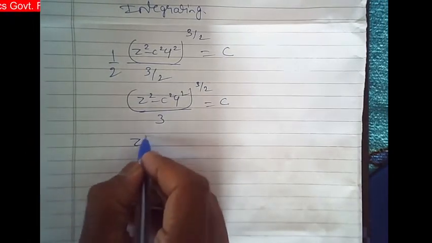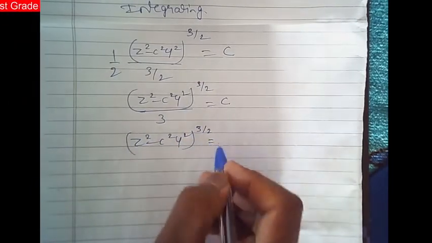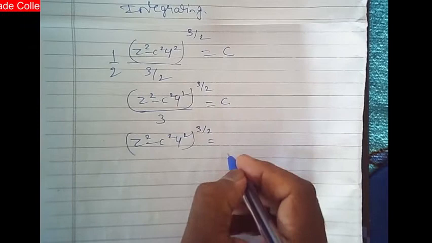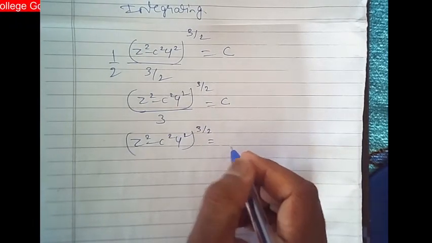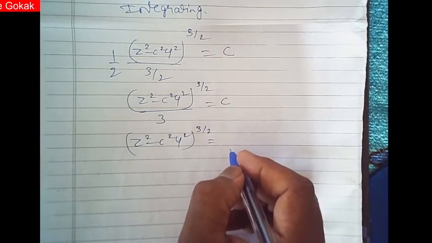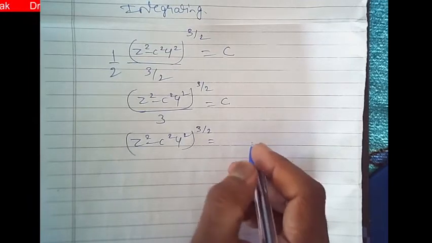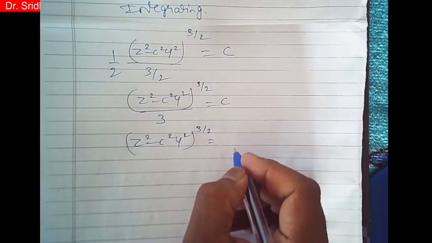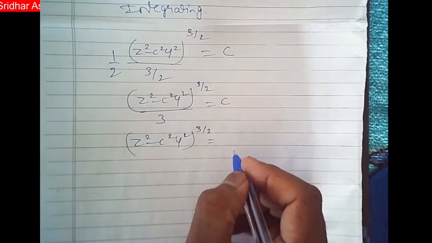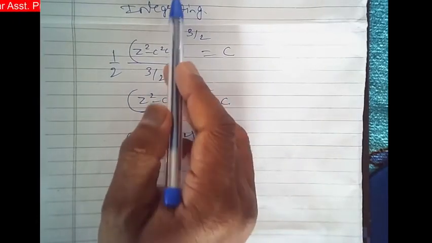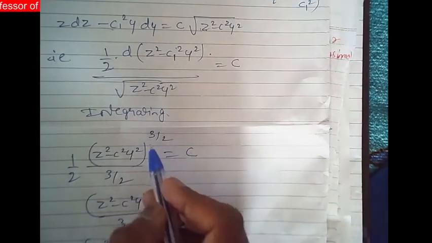Or z square minus c square y square raised to 3 by 2 is equal to, and here this comes in the numerator, sorry, mistake.